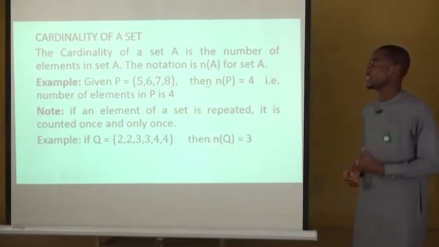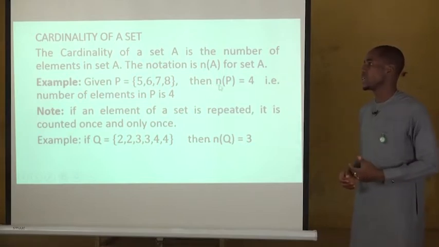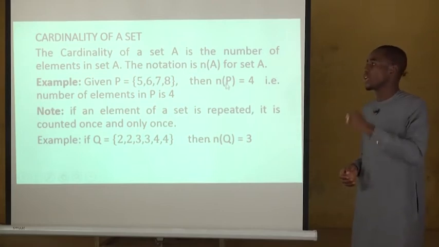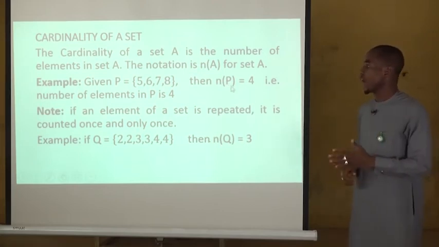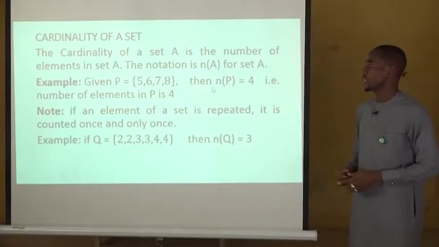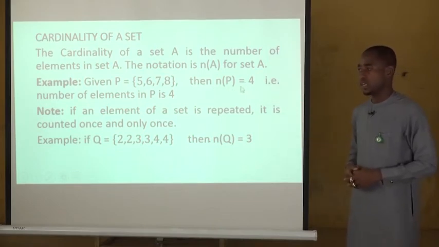Example, given set P has elements 5, 6, 7, and 8, then the cardinality of this set P means the numbers within, or the members or the elements within set P. We have 5, 6, 7, and 8. That is, we have 4 elements within set P. Therefore, the cardinality of set P is 4. That is, the number of elements in P is 4.